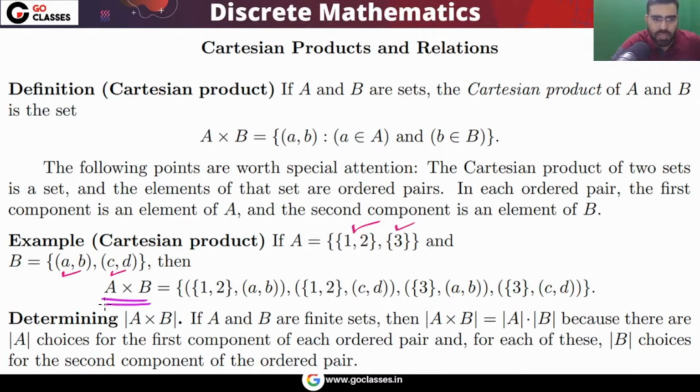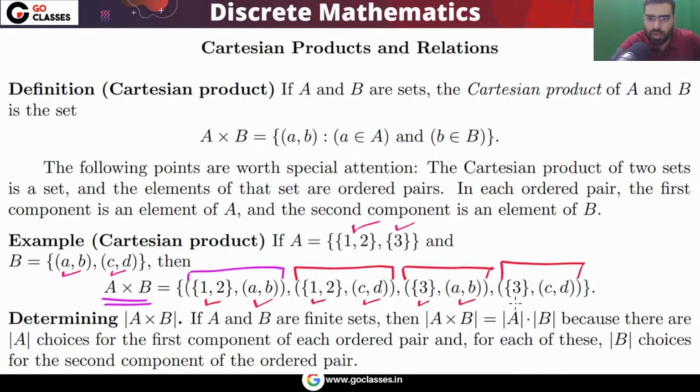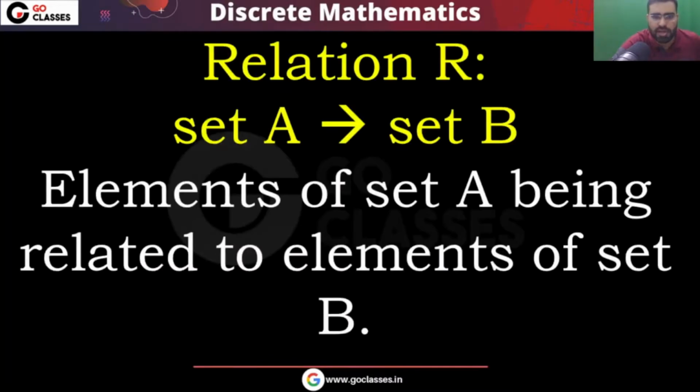You can notice that every element in A cross B is an ordered pair, where the first element is coming from A and the second element is coming from B. For example, (C, D) is an ordered pair in which the first element comes from A and the second from B. So this is the concept of Cartesian product, the cross product.